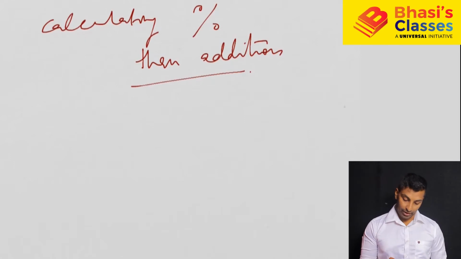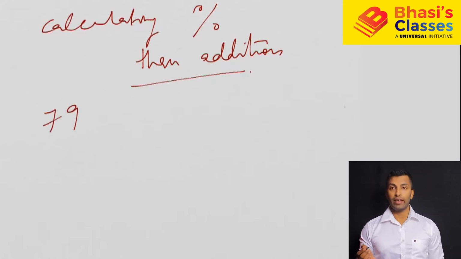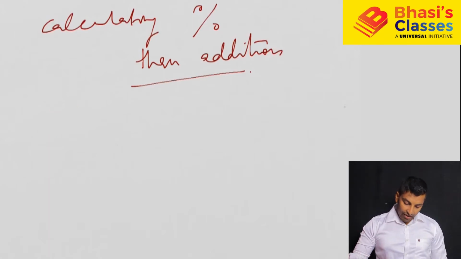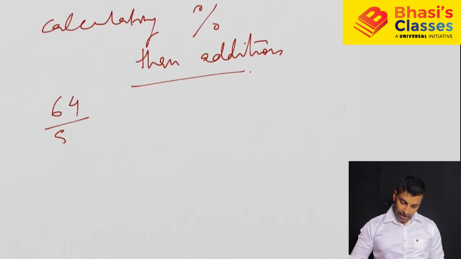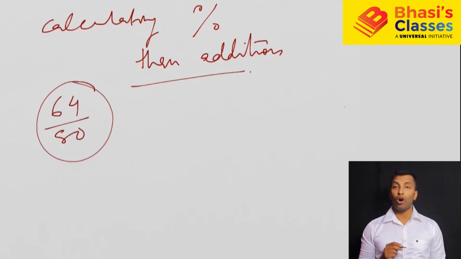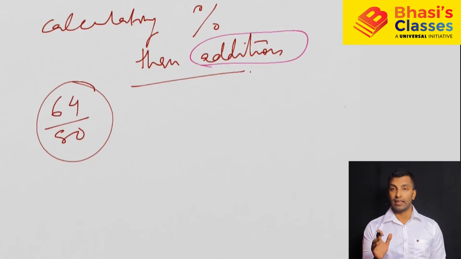Let me take 64 divided by 80, so I need to see what percentage of 80 is 64. Before I start, if you need to calculate percentage through addition, you should have very good addition skills. But this question is very easy.